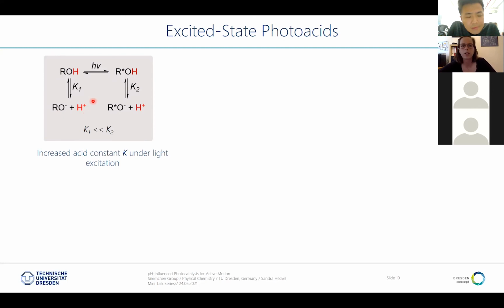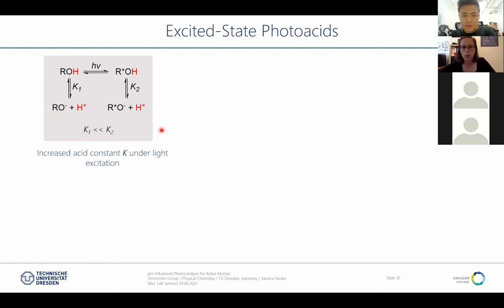The special thing now about the photoacid is you can also irradiate it with light, then it becomes excited, which I marked with this little star here, and then it can also again dissociate with a new acid constant K2. And the special thing is that K2 is by orders of magnitude higher than K1. So in general, this means if you have a solution of this dye, then if you shine light, the solution pH will drop a lot.